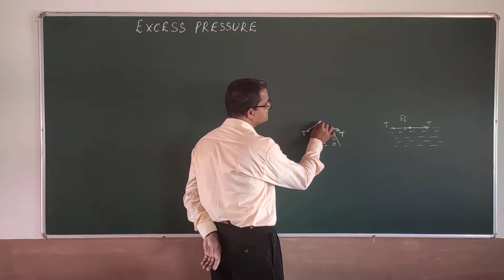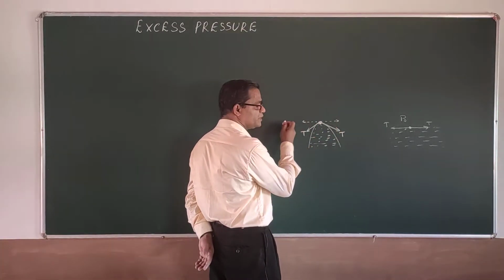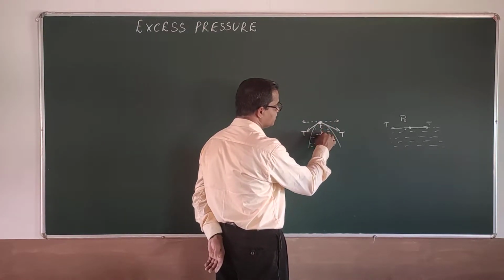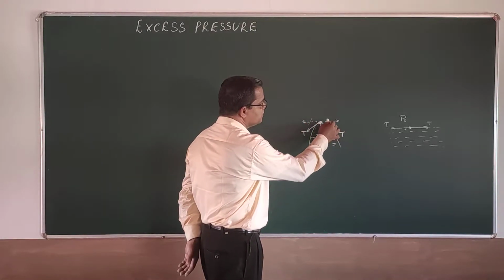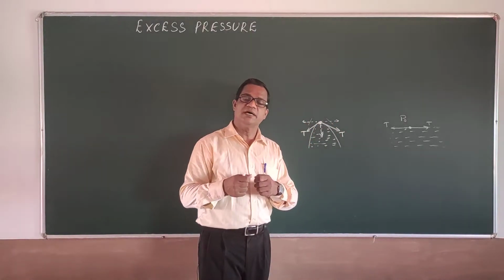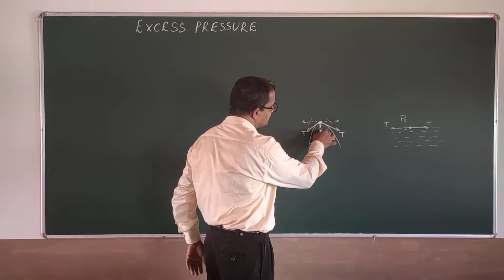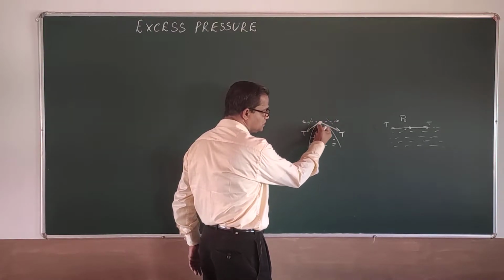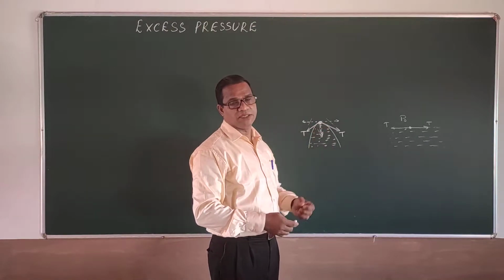If I resolve this surface tension into two, I get two horizontal components and two vertical components. The horizontal components cancel each other as they are equal and opposite. But the vertical component will be pulling that molecule downward. There is a pulling effect of forces coming downward.